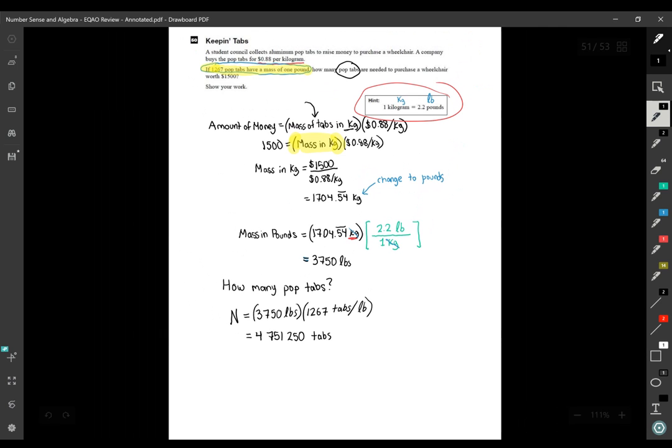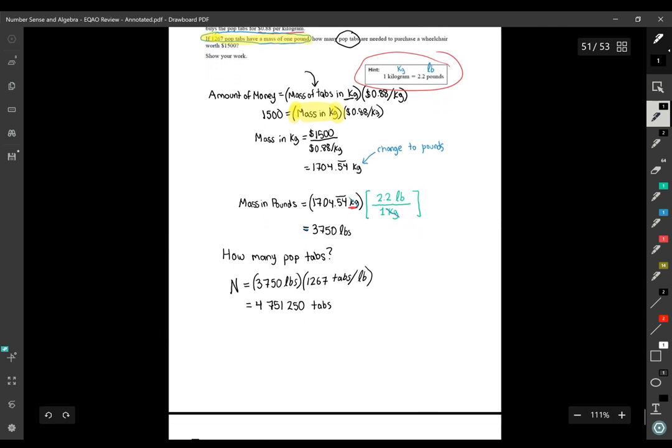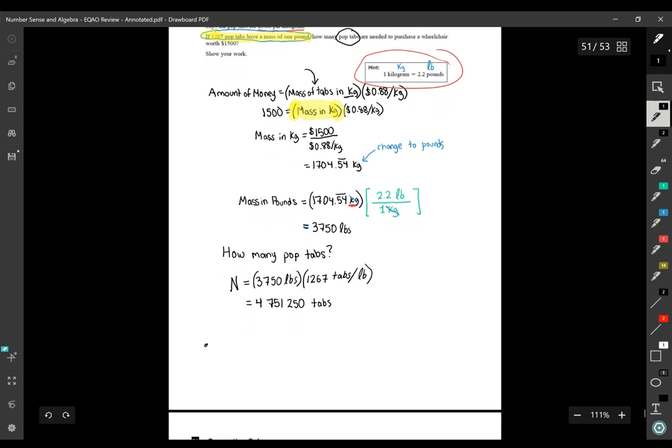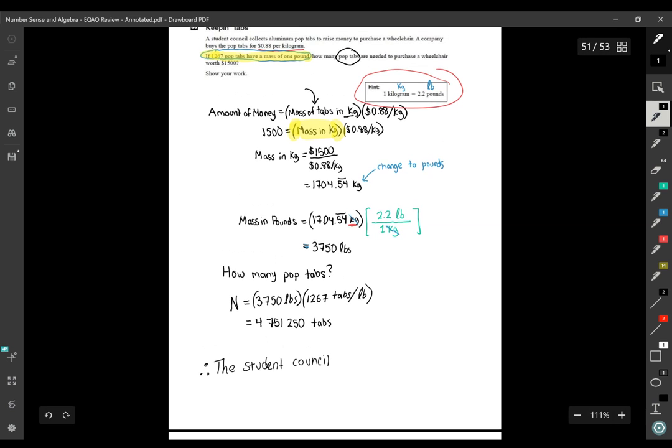Okay. All right. So the student council, therefore, must collect 4,751,250 tabs.